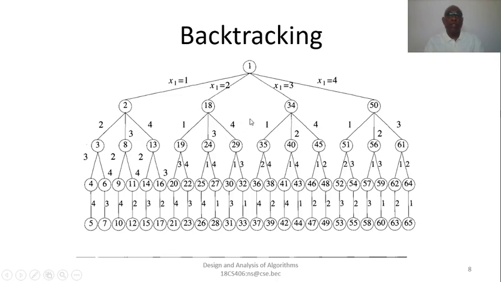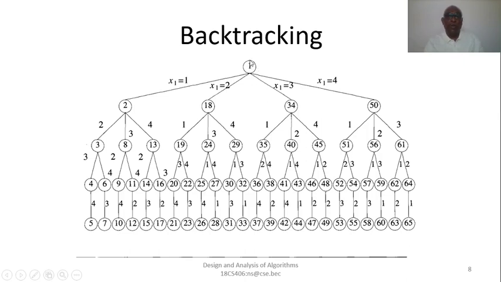This is called the state space tree organization of the solution space. In fact, this tree is called the state space tree. Let's look at the structure of this state space tree. The root node defines the initial configuration of the board, the one on which no queens are placed.